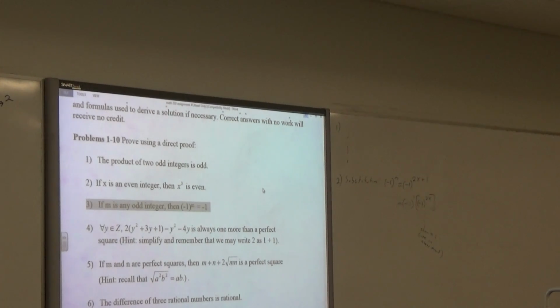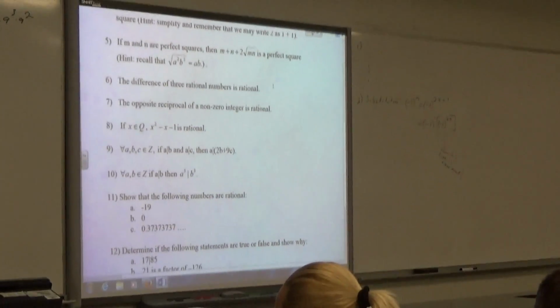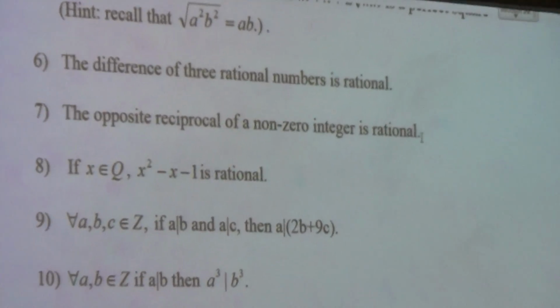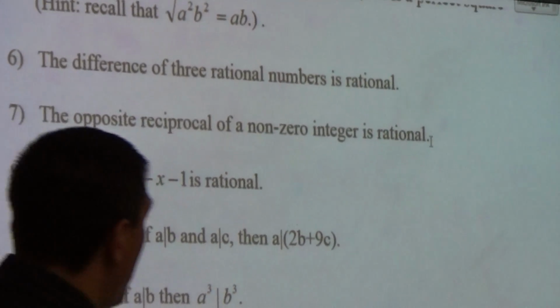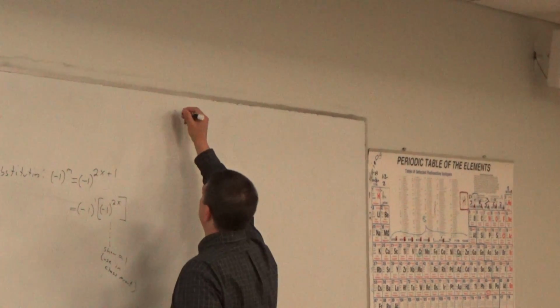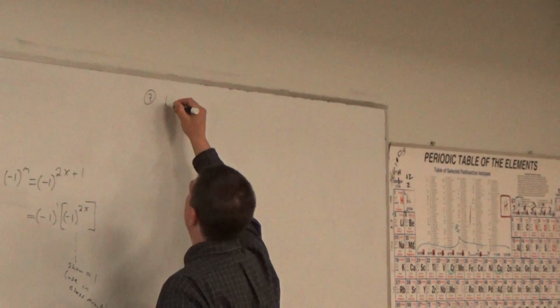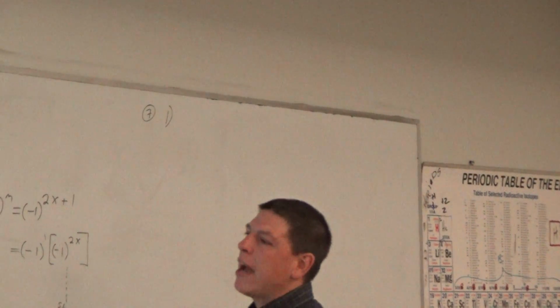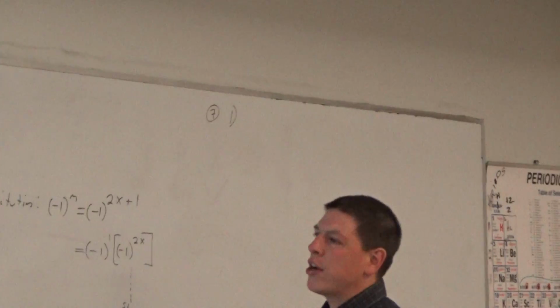Okay. So, let me show you guys number 7 real quick, because it's not that difficult, but I just want to show you guys a hint on that one. It says the opposite reciprocal of a non-zero integer is rational. So for number 7, you guys are going to define x as some sort of rational number.